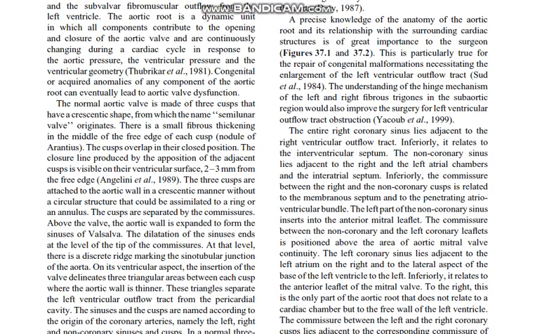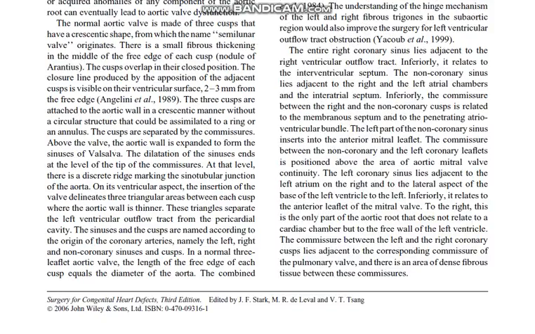The sinuses and the cusps are named according to the origin of the coronary arteries, namely the left, right, and non-coronary sinuses and cusps. In a normal three-leaflet aortic valve, the length of the free edge of each cusp equals the diameter of the aorta.